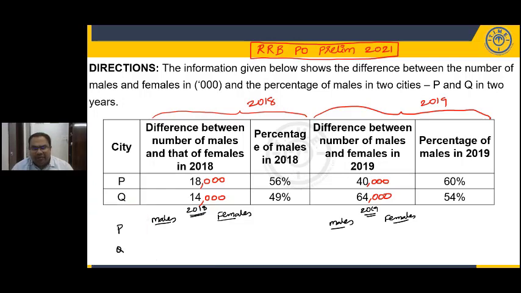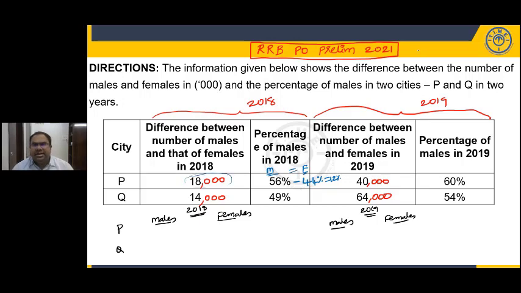56% is males now, so female should be 46% now. Oh, sorry, females is 44. Total should be 100, so female should be 44%. 56 minus 44 is 12%. What is this 12%? This is the male percentage, this is the female percentage, and the actual difference between males and females is 18,000.